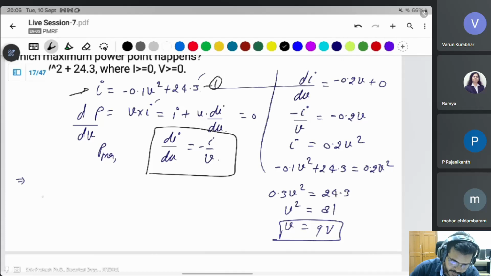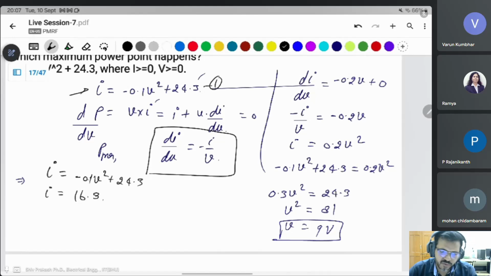Then what is the power P? First calculate I. What is the I in this equation? This equation is given from the PV panel specification: minus 0.1 V square plus 24.3. V is equal to 9, 9 square is 81, then it will be 8.1. 24.3 minus 8.1 will be 16.2.